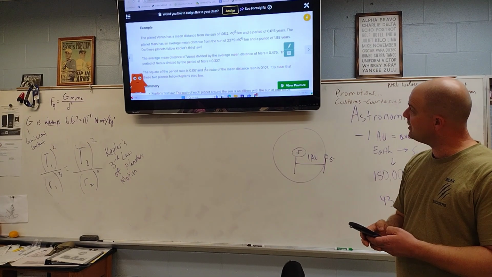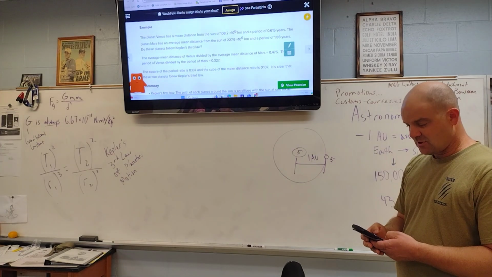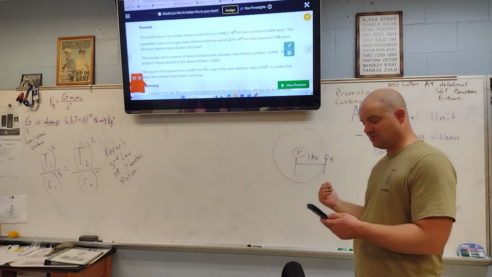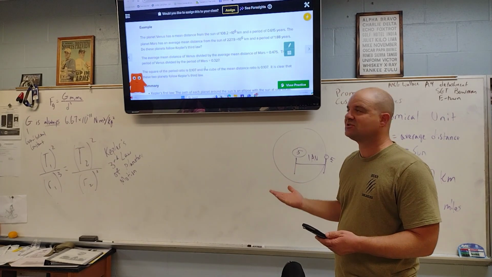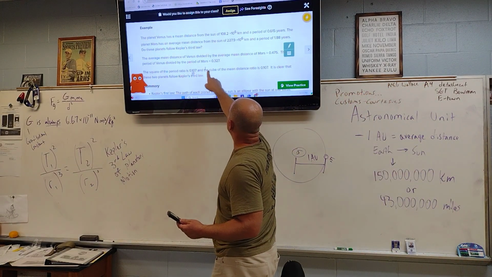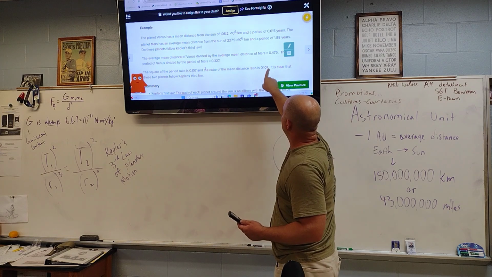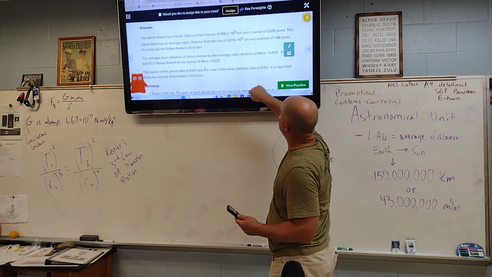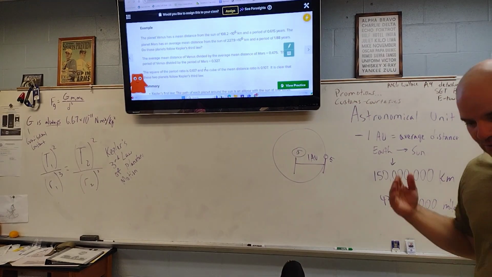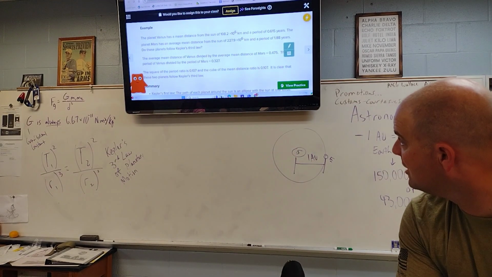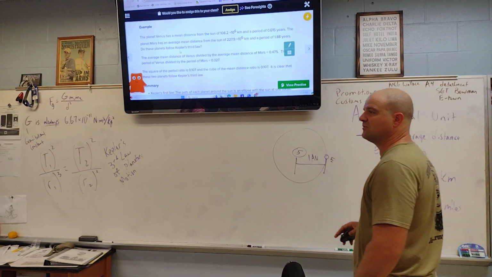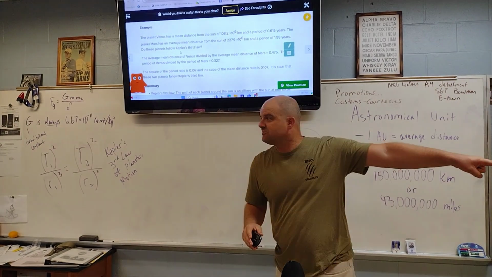So 0.327, if we square that, we get 0.1069, which rounds to the same. So the square of the period is equal to the cube of the distance, that ratio. So yes, to answer their question, do these planets follow Kepler's third law? Yes, because those two things are equal.